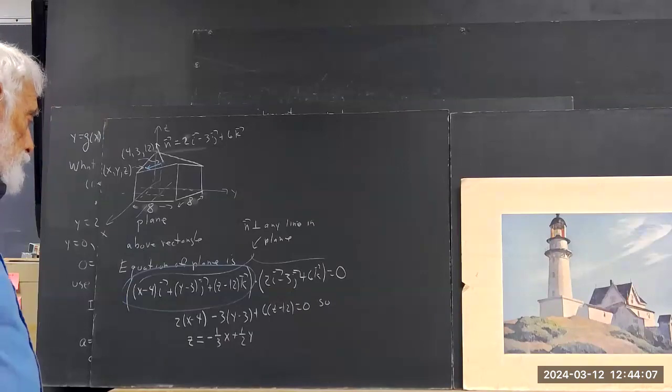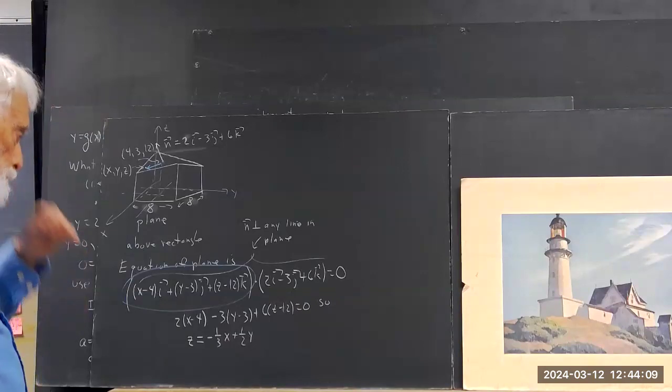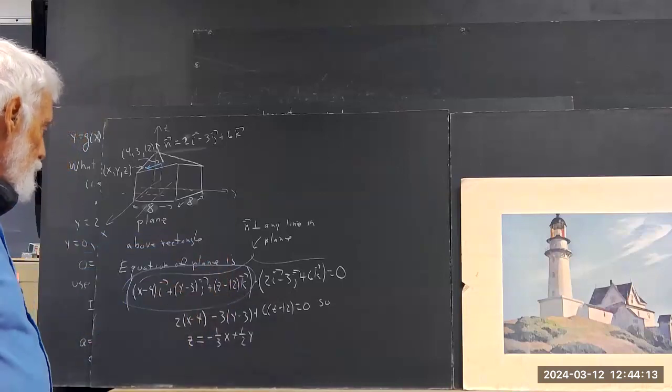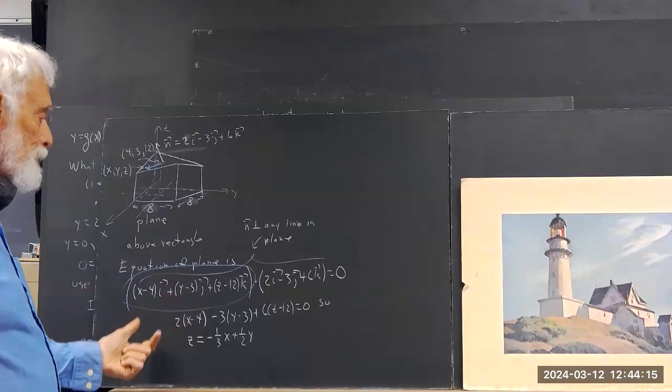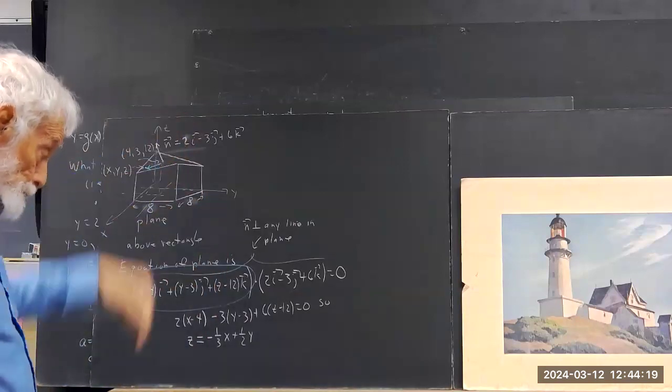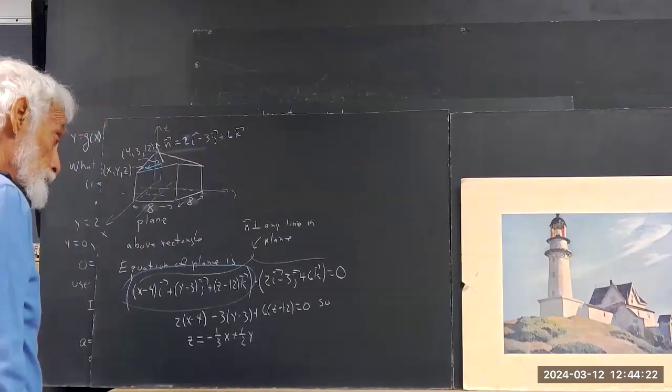And then you're going to have a negative 8 here and a 9 here gives you 1. So you have a negative 1 when you get there. You add 12 and you get 11.